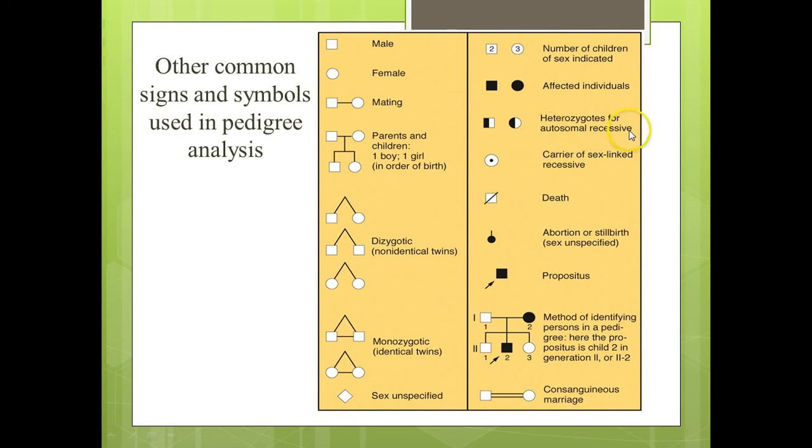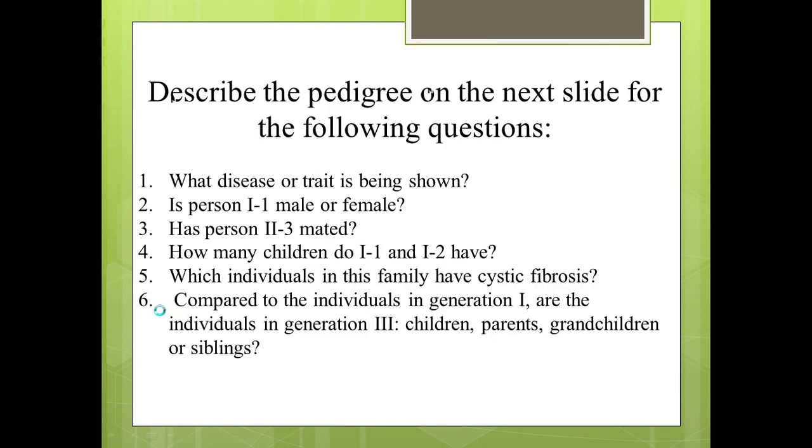If you have a certain trait where the individual can carry the gene for that trait, but they don't actually show that in their phenotype, then you only shade in half of the symbol. This is another way to show the carrier of sex-linked recessive traits. If an individual dies, you cross out their symbol, and so on and so forth.